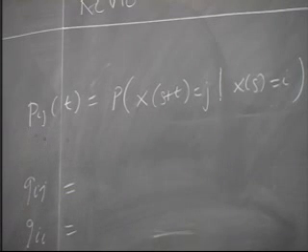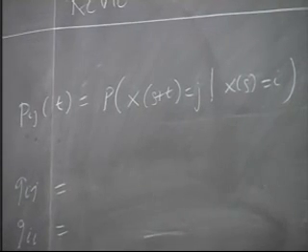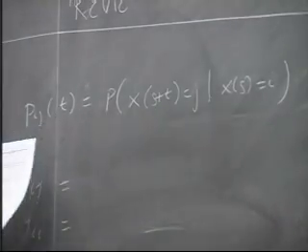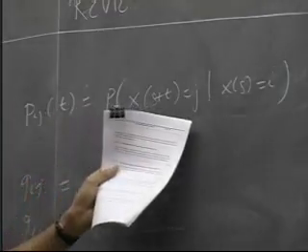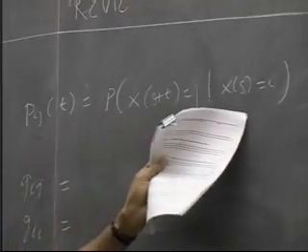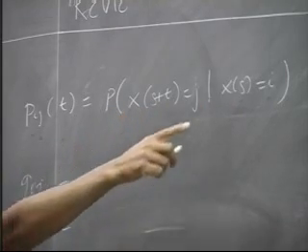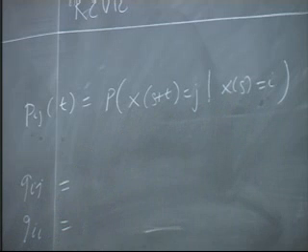So we define Pij(t) to be essentially a function over the reals, which gives us the probability of going from state i to state j, where we know that at time s we're at state i, X(s) equals i, and then given that, what's the probability I'm going to make this move to j at time s plus t.